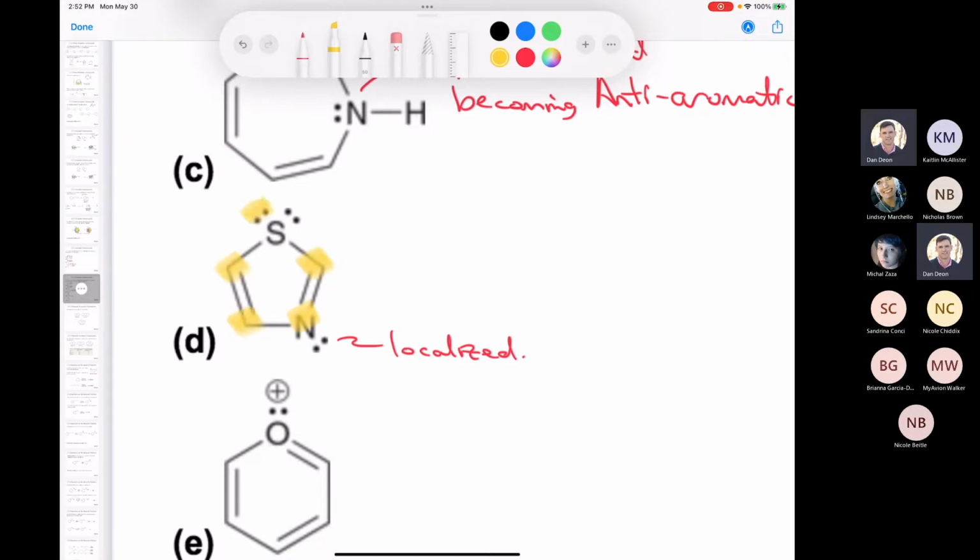If we put one of those lone pairs in a p orbital, then we would have a continuously overlapping system of p orbitals, and we would have an aromatic compound. And so the answer is one of those lone pairs on the sulfur is going to participate in aromaticity, and then you would have 4n plus 2, where n is equal to 1, and this would be aromatic.